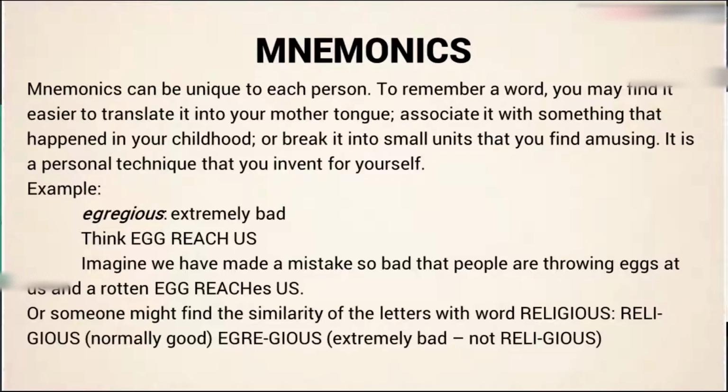Then you can use mnemonics. What are mnemonics? You play with the word in a way that makes it easy for you to remember. For example, egregious is extremely bad behavior.